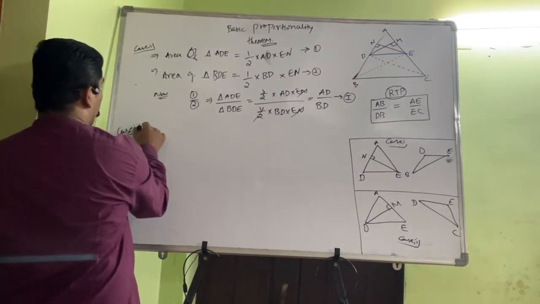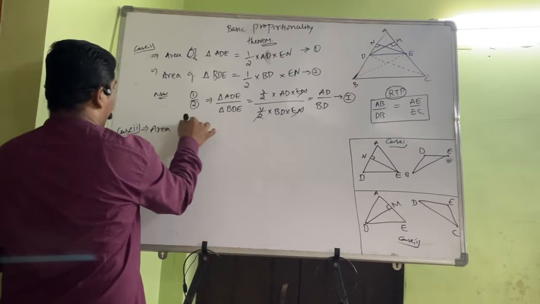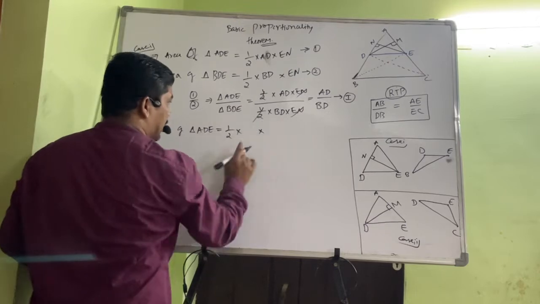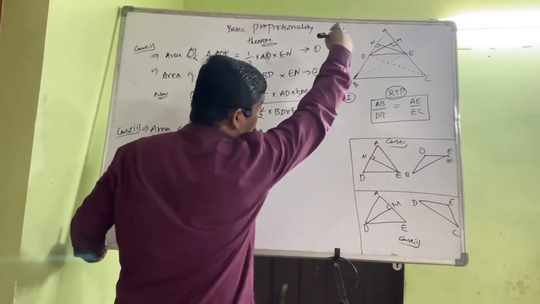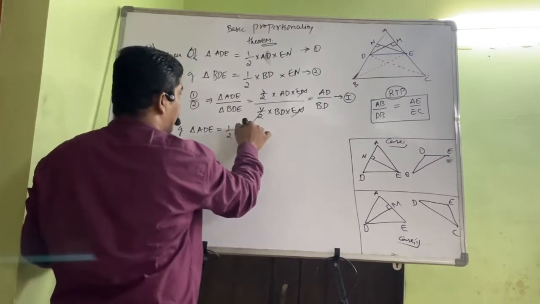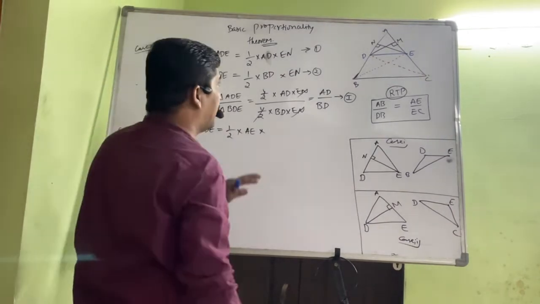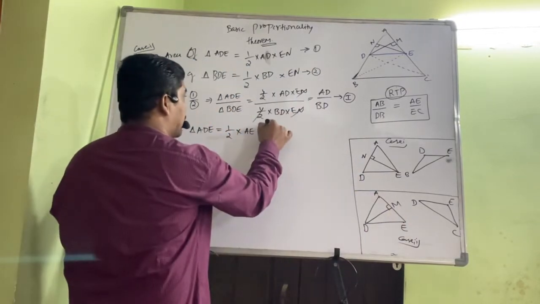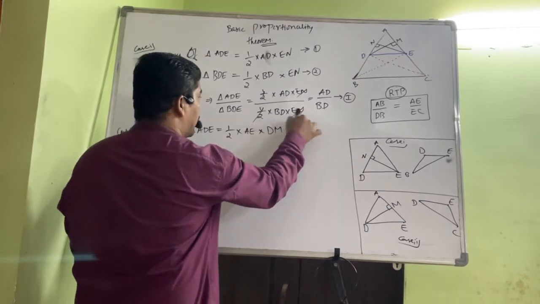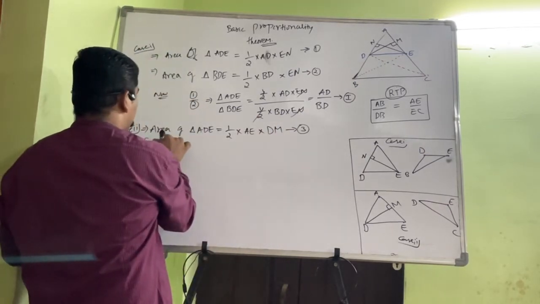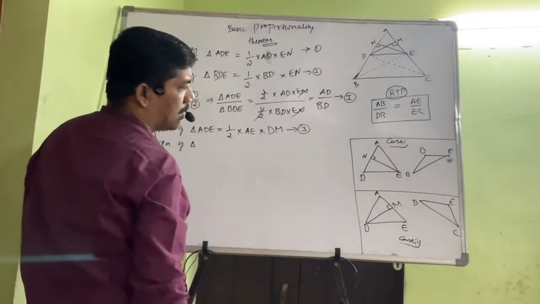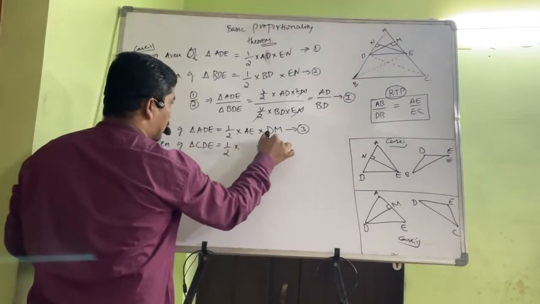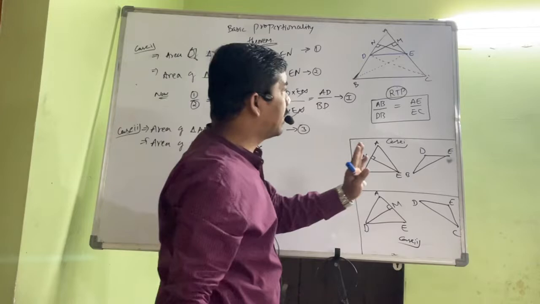Case 2. Area of triangle ADE. Half into base into height. What is our base? Now we are on that side now. Right. AE. Right. Height will be DM. See, AE is the base. DM is the perpendicular. That is height. Let it be equation number 3. Next. Area of triangle CDE. CDE. Half into base into height. See, base will remain the same.